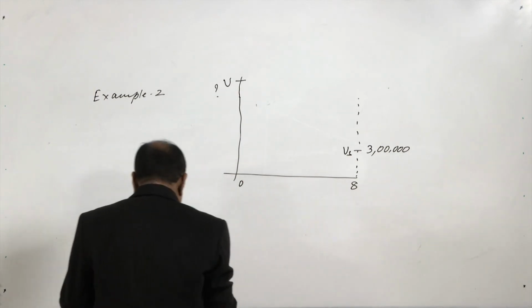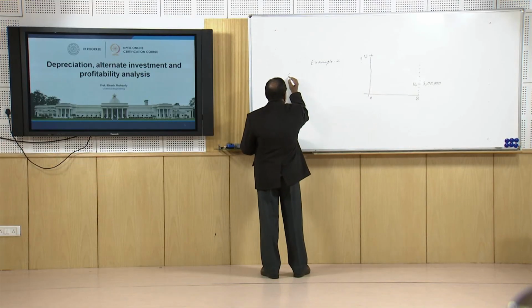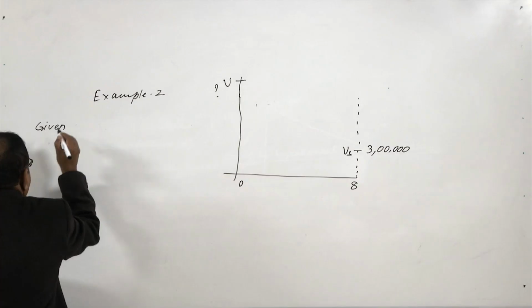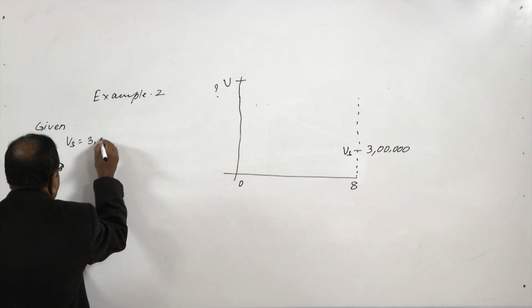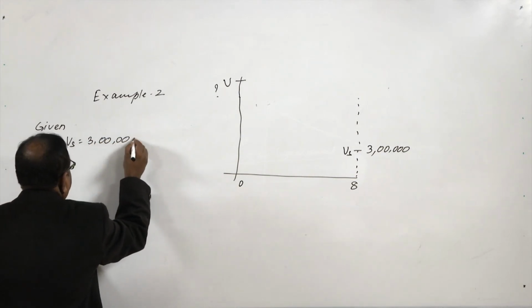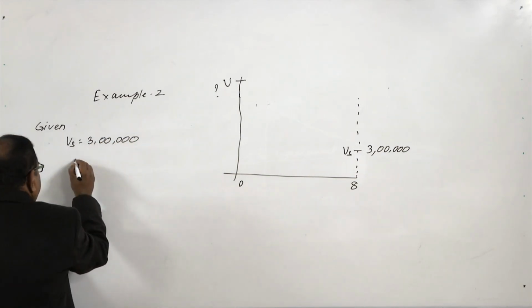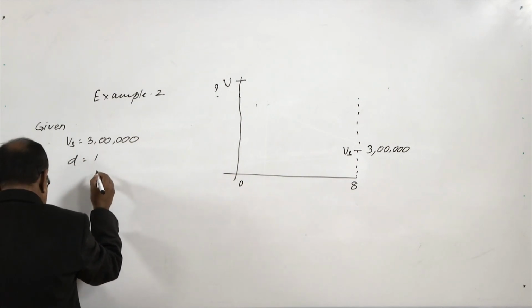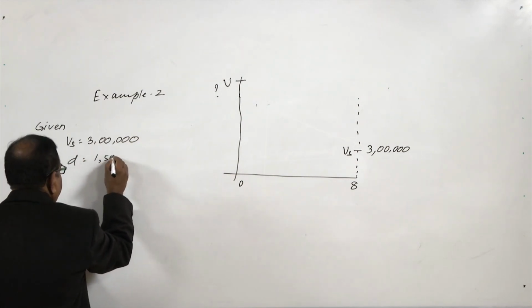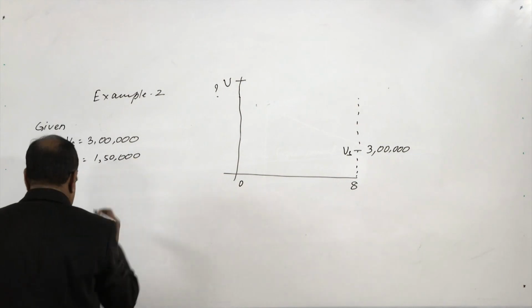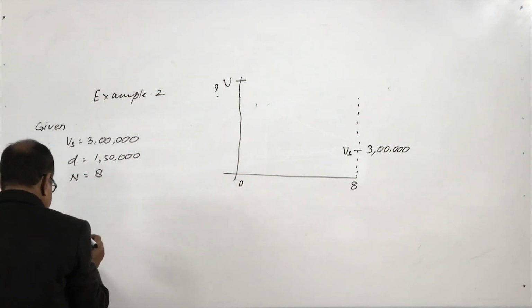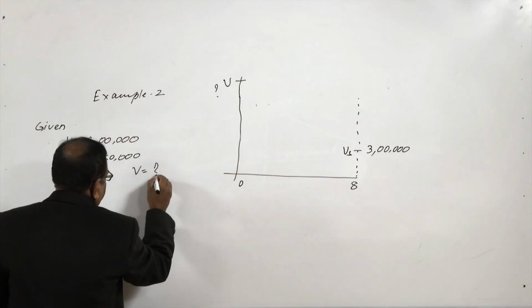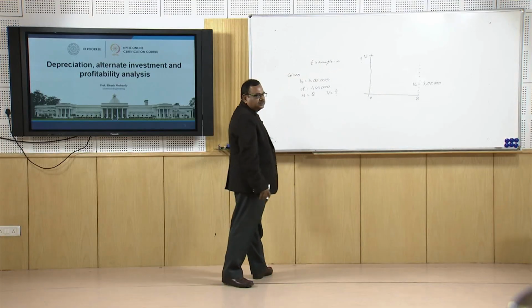This is 0. So, given are Vs equal to 3 lakh, D is equal to 1,50,000, N equal to 8, and V is equal to what? This is the question.